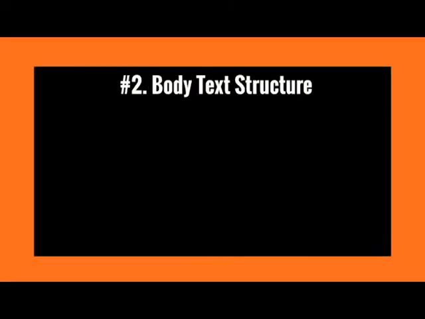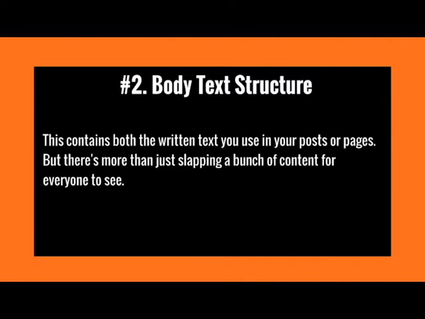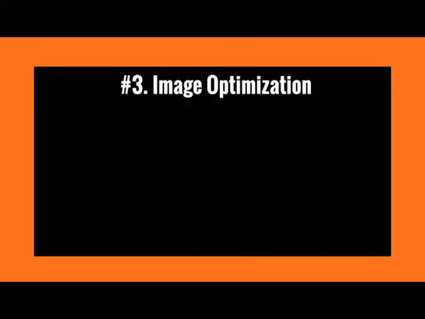Number 2, we have the body tag structure, which contains basically everything on your post or your page in terms of content, so this contains the written text that you use in your posts and pages, and there's more than just slapping a bunch of content for everyone to see. There's a lot that goes into this. Don't worry about it for now, as we're going to show you and break things down for you later on in this course. So, you have a better idea of what you should include in your body tag structure.